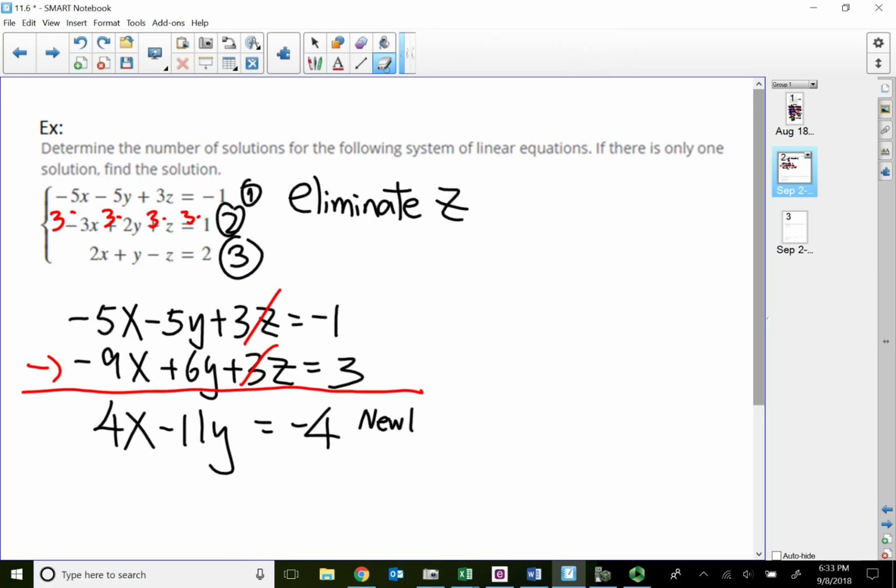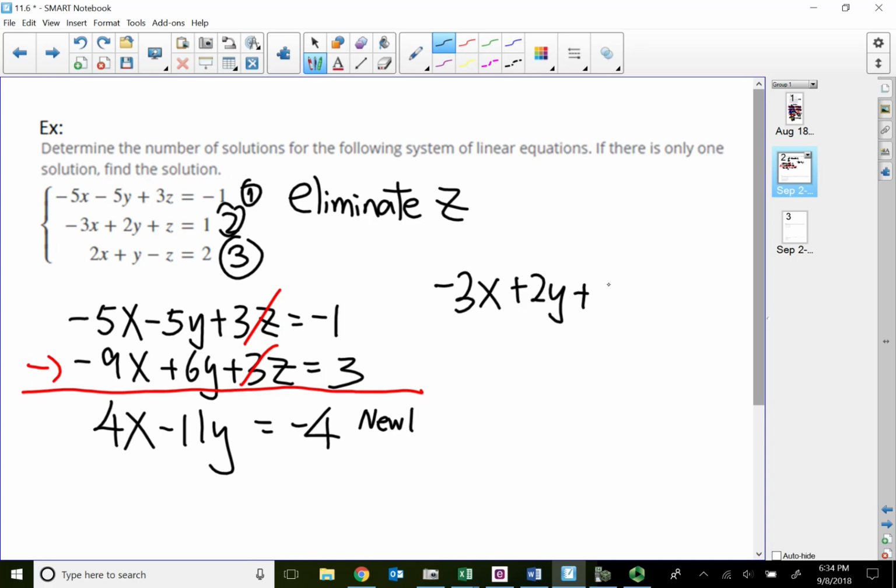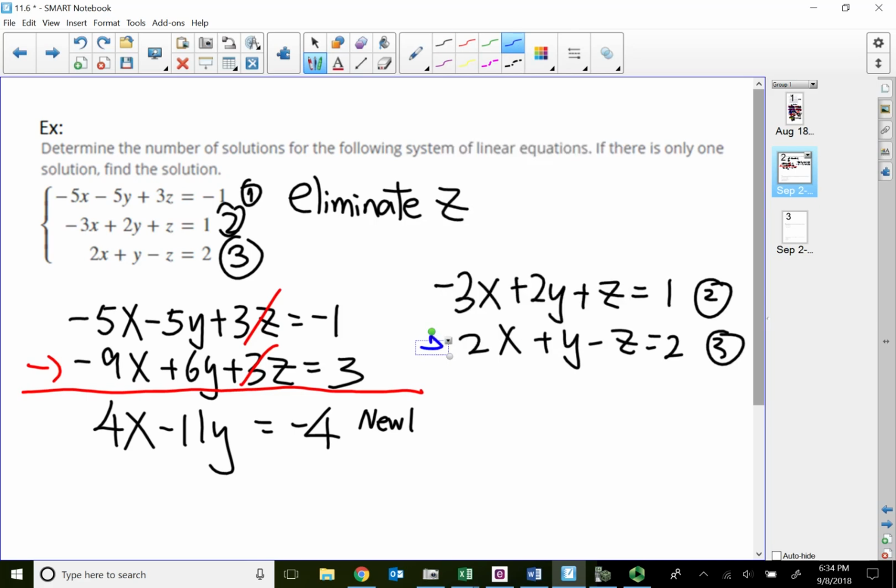So now I'm going to pick the second and the third and eliminate z, because since the coefficient is already the same, then I don't have to multiply anything. So this is my second equation. This is my third one. So since z has different signs, we will add them for the z to be eliminated.